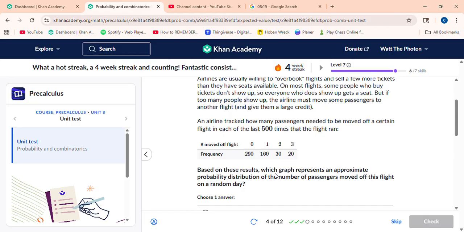That's 0.58. 160 divided by 500 is 0.32. Normally outliers aren't bad where you have, what's that, 42% chance of getting bumped off. I'm just assuming that seems rather high. 0.06. 20 divided by 500 is 0.04.